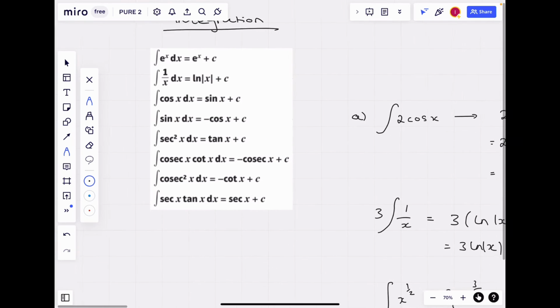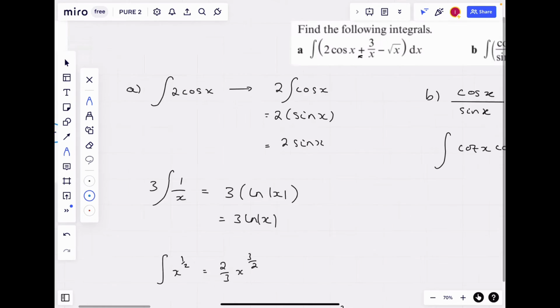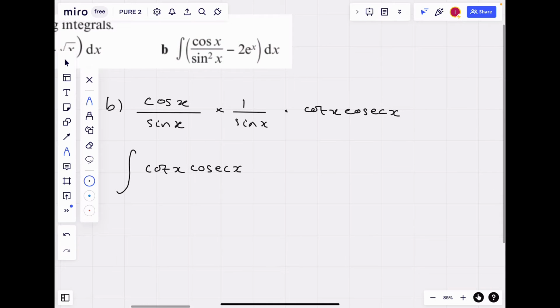Let's have a look. Yep, there you go. That's the rule. When you integrate that, you get minus cosec x, and then minus 2e to the power of x plus c.